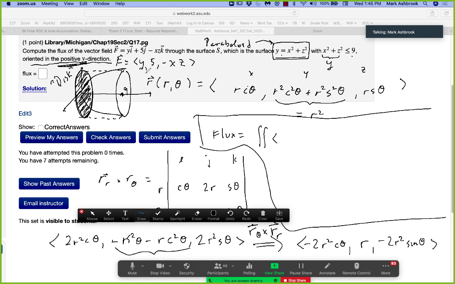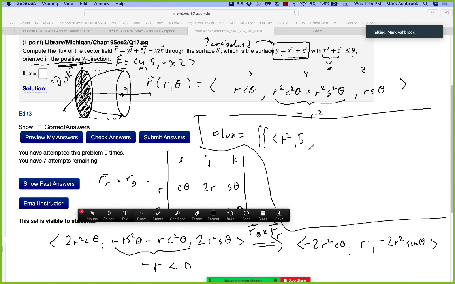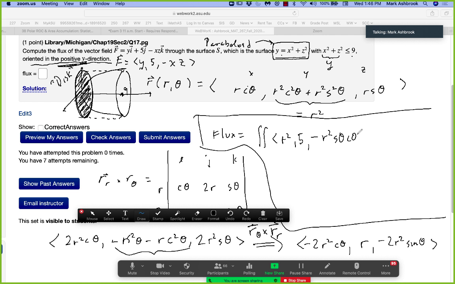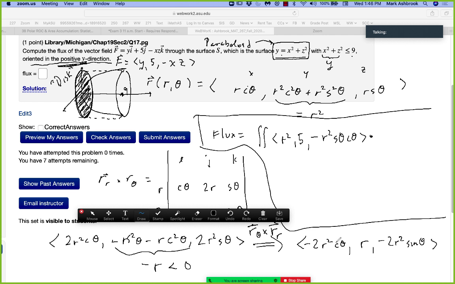So y5 minus xz is going to be, using this right here, y is r squared, 5, minus xz will be minus r squared sine theta cosine theta. Dot this one here, minus 2r squared cosine theta, r, minus 2r squared sine theta. And then that's going to be dr d theta.